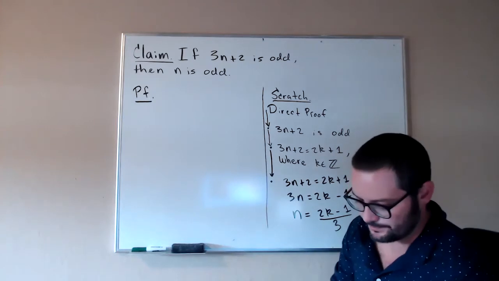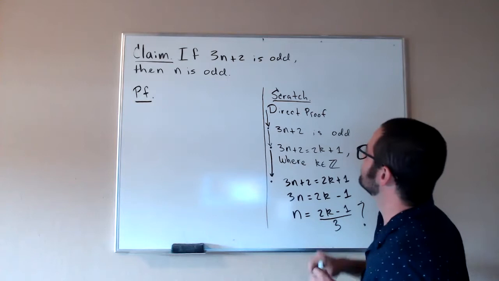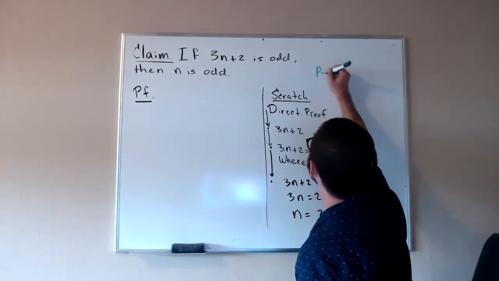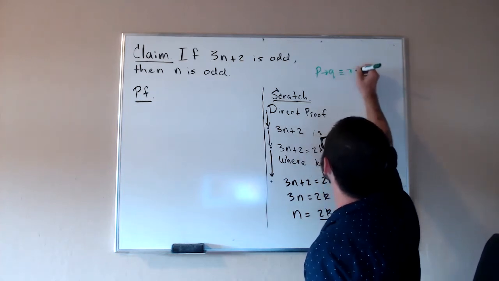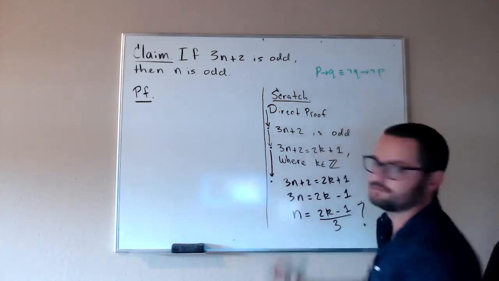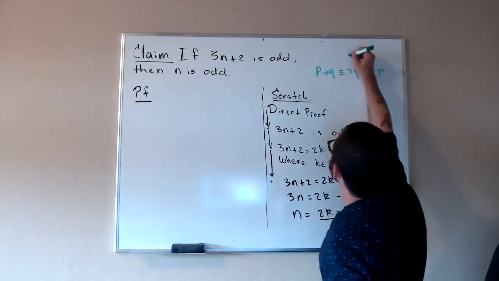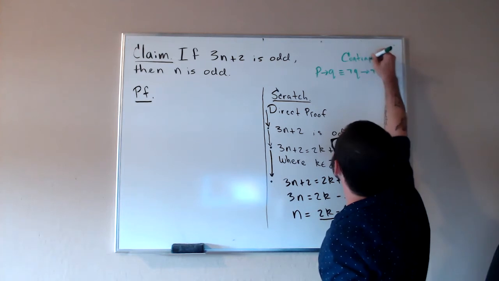In particular, if you recall from the logic section that we covered, we know that if P, then Q is logically equivalent to not Q implies not P. And that's called the contrapositive.